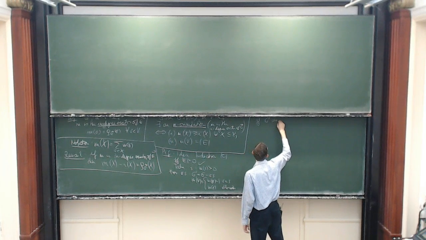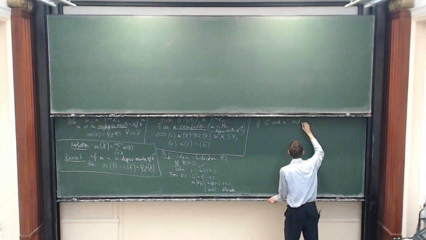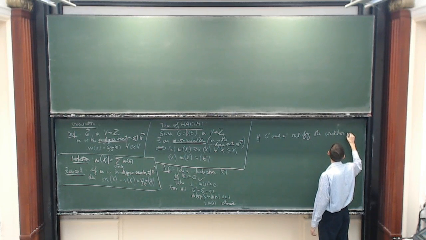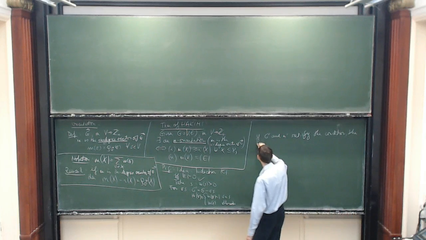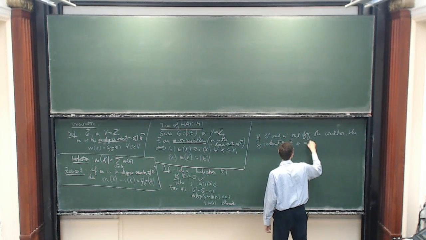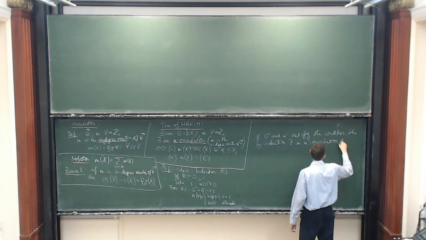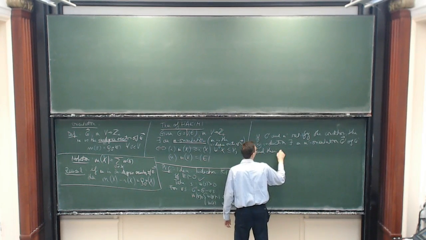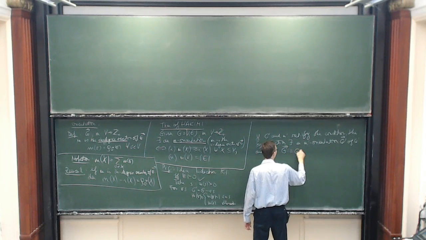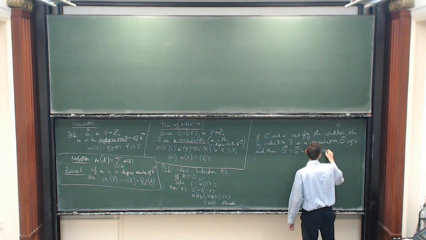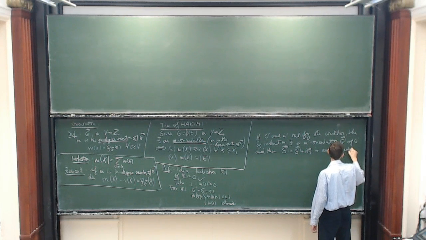If G prime and M prime satisfy the condition, then by induction, still I will repeat, by induction, there exists an M prime orientation of G prime, and then by adding this edge Vs in this direction, this will be an M orientation of the graph. We are done.